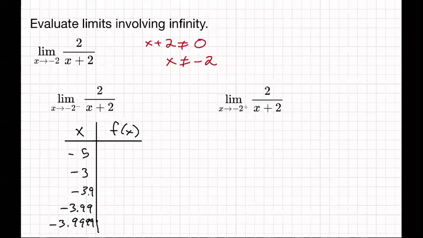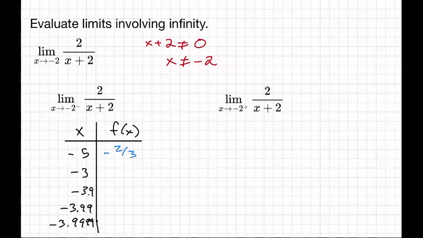Because the nice thing about it is you could actually put that function into Excel and just have it evaluated for you. Using my calculator though, I'm going to put 2 over the x plus 2. Just know to use your parentheses and then put the first number instead of x when you use your calculator. And let's go knock all these out. So for -5, if you do that, you'll get -2 over 3.